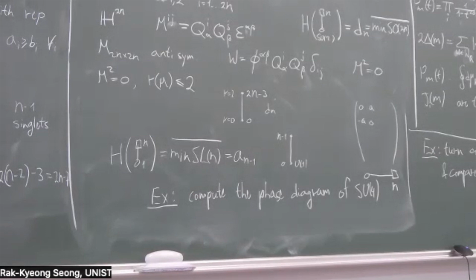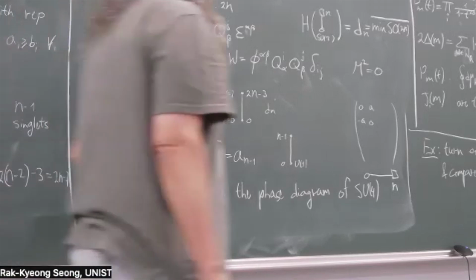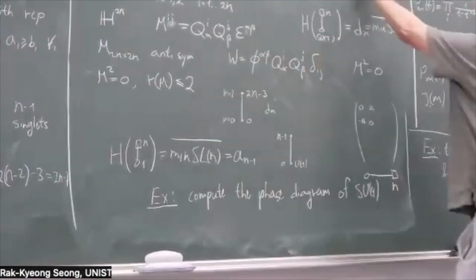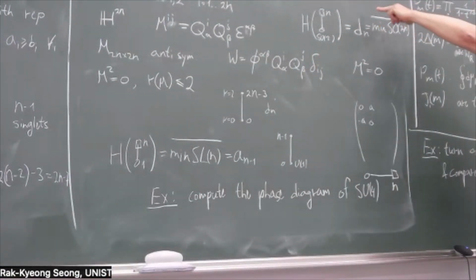There's a question: could the slices D_(n-2) and A_(n-1) be switched, or why is SU2 first? Well, there's no choice.